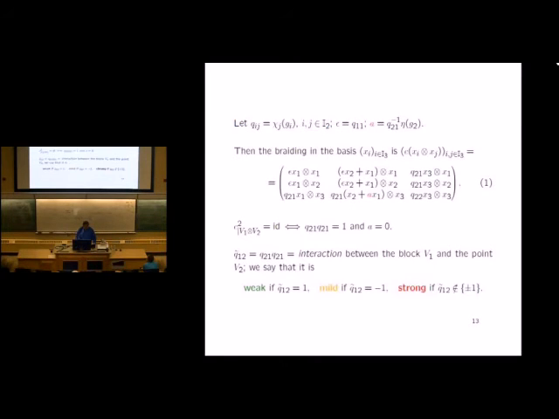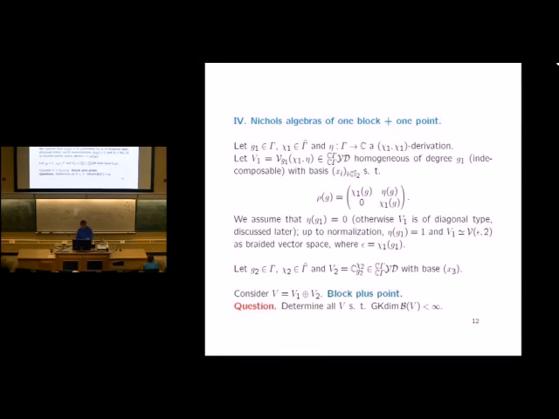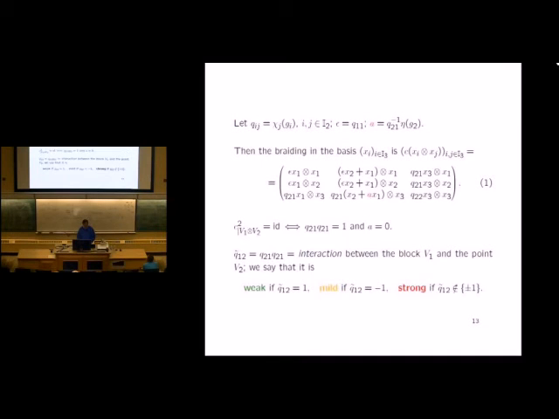Okay, so if I take all this data and I want to translate this to the language of braided vector space, it turns out that the braided vector space we are looking at is defined by a matrix Qij of rank 2, where I will call epsilon Q11 because it corresponds to the block.